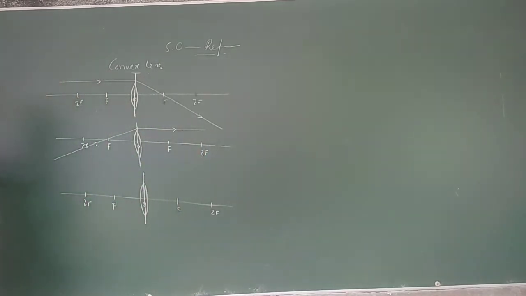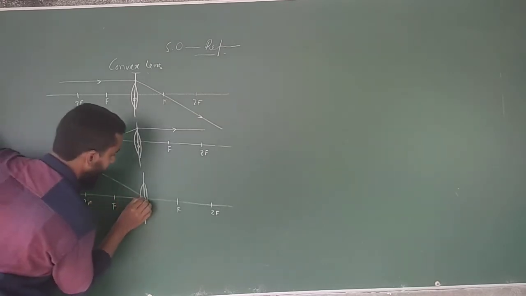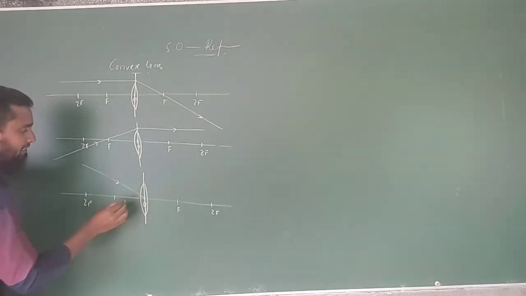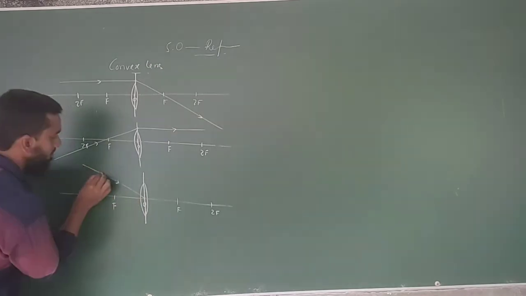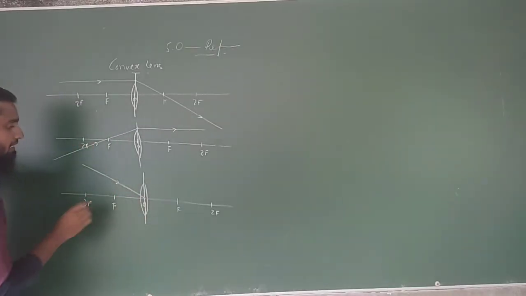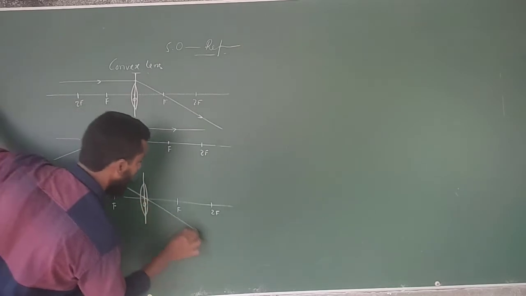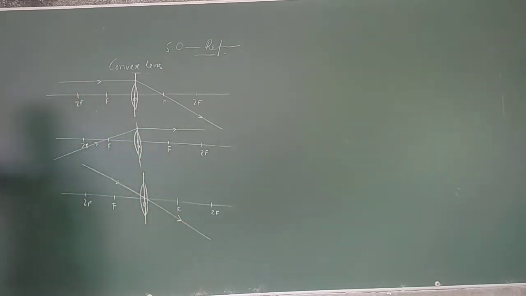The second ray diagram is the one just described. The third ray diagram: the ray which strikes the optical center, or which is trying to go through the optical center, always goes without refracting. Refraction doesn't take place when the light ray goes through the optical center.